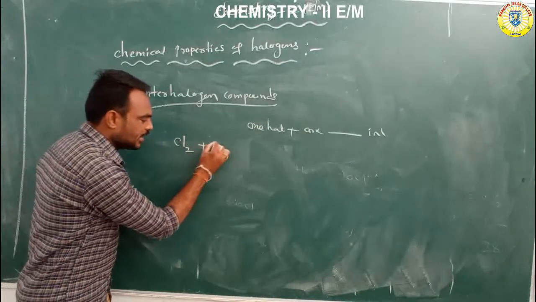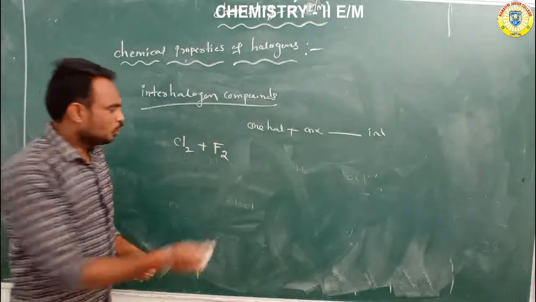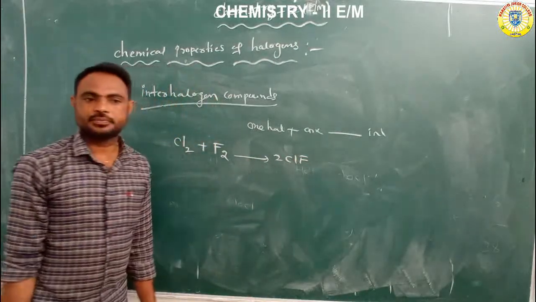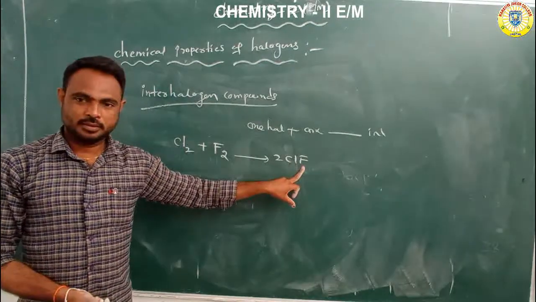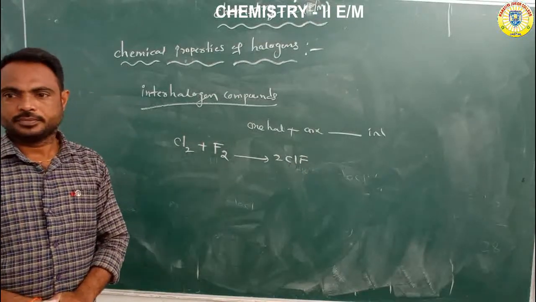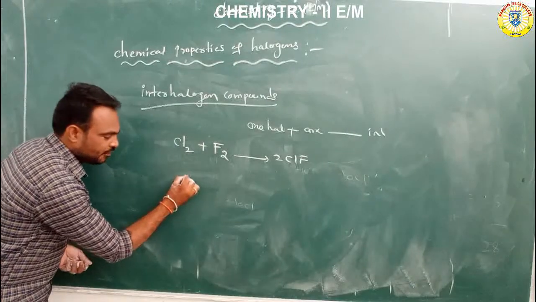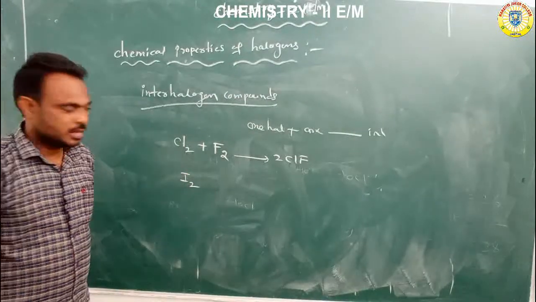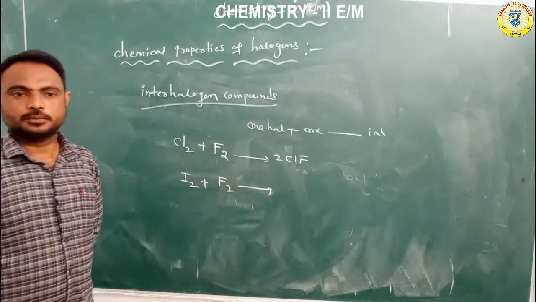It reacts with another halogen, fluorine, which is also a halogen, to form in this reaction ClF, chlorine fluoride. Or suppose we have taken iodine. This iodine is reacting with F2.